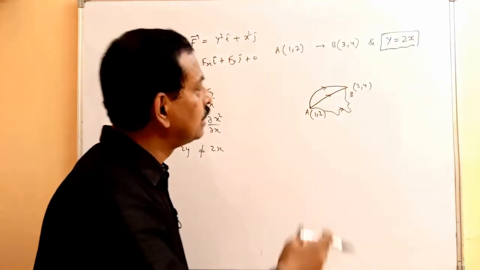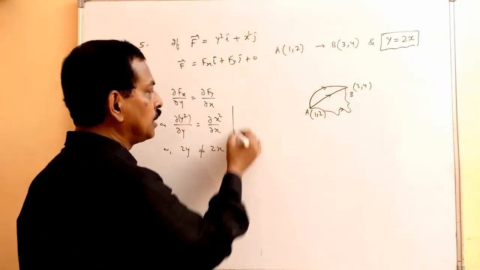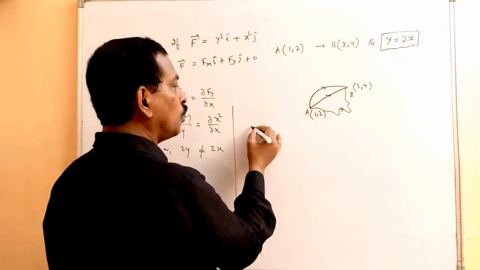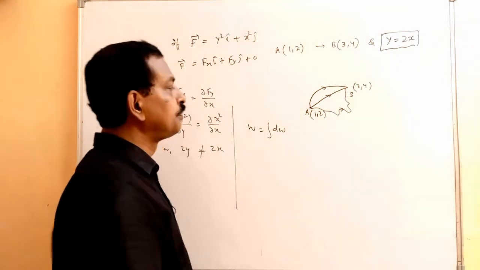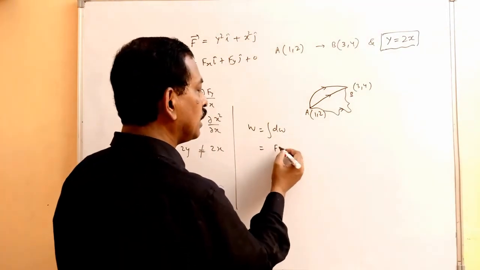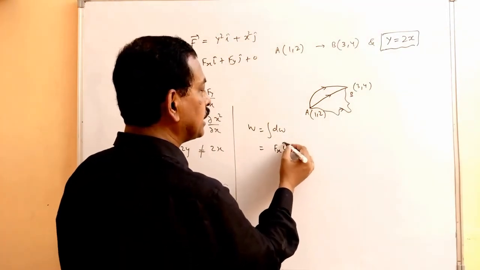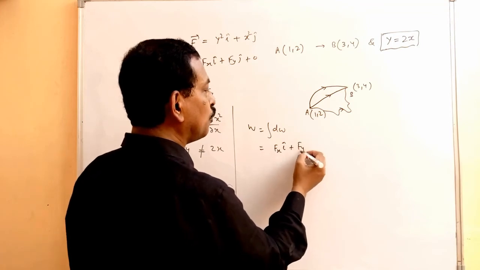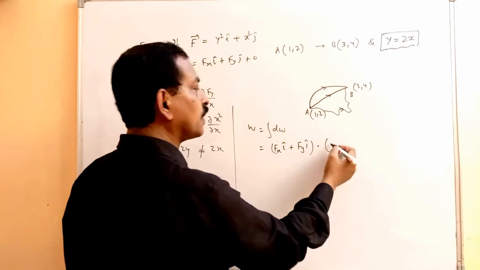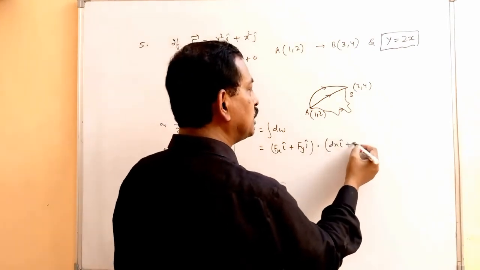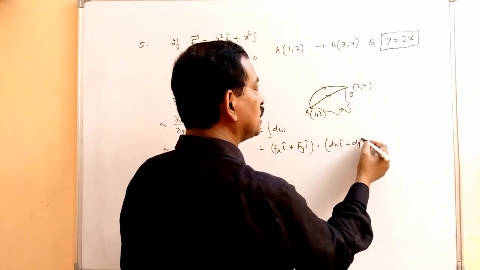So for that, now if you use this one, work done will be the integral of dW. So this is the integral of (Fx i cap + Fy j cap) dot (dx i cap + dy j cap). We have already done this in the last problem.